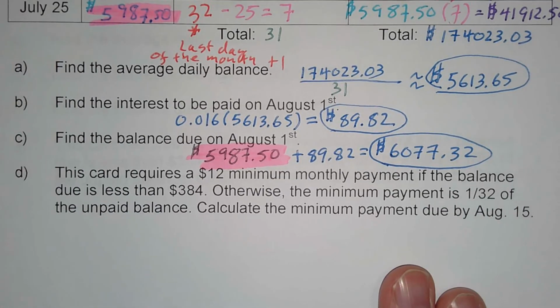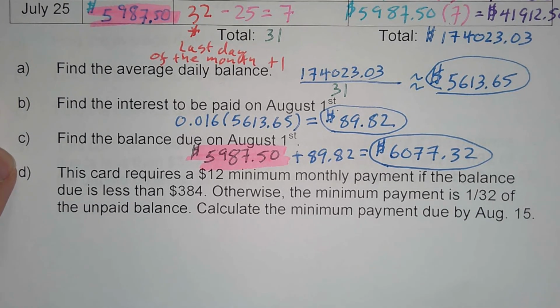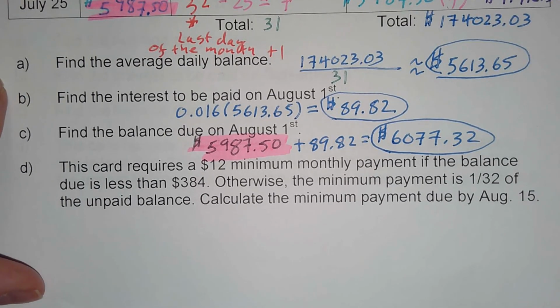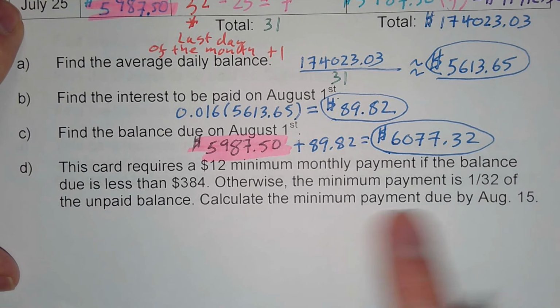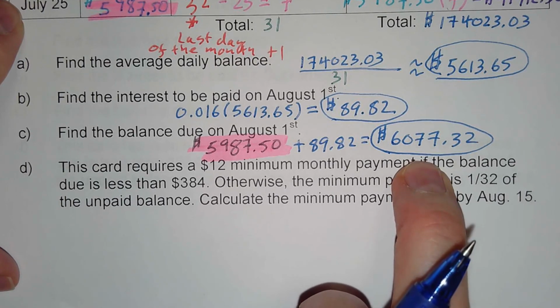Now the last part here says the card requires a $12 minimum payment if the balance due is less than $384. Otherwise, the minimum payment is 1/32 of the unpaid balance. And then calculate the minimum payment due by August 15th. So we're going to divide that number by 32.